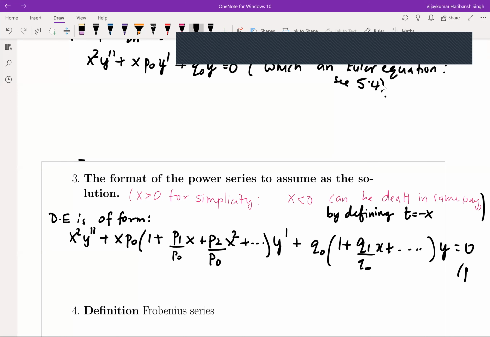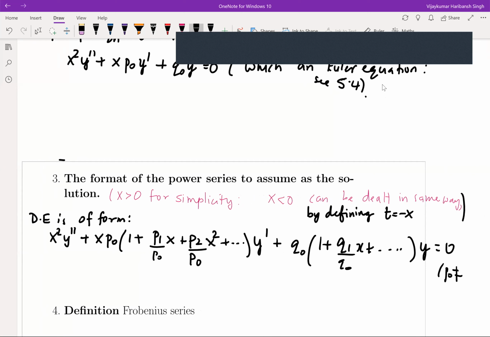Note that here p naught is not equal to 0, q naught is not 0. So now what do we get?